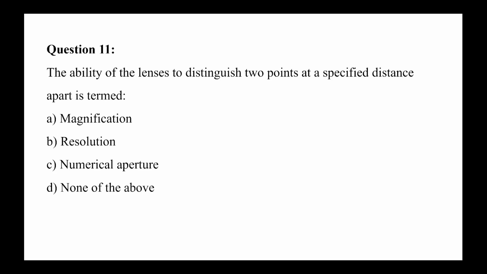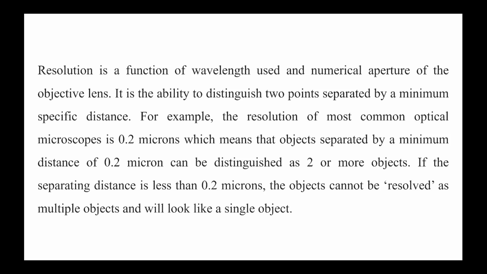Okay, so right answer is option B. So you were correct. So option B, resolution. Resolution is a function of wavelength used and numerical aperture of the objective lens. It is the ability to distinguish 2 points separated by a minimum specific distance.